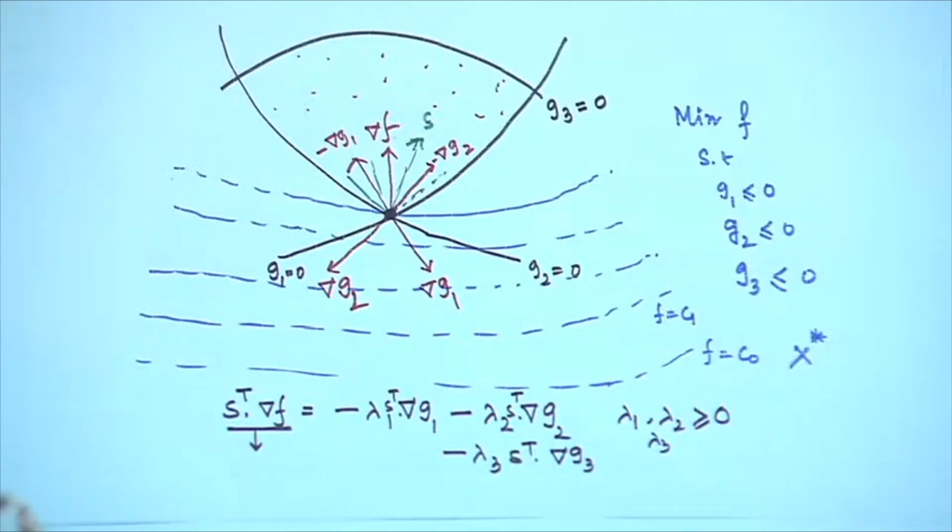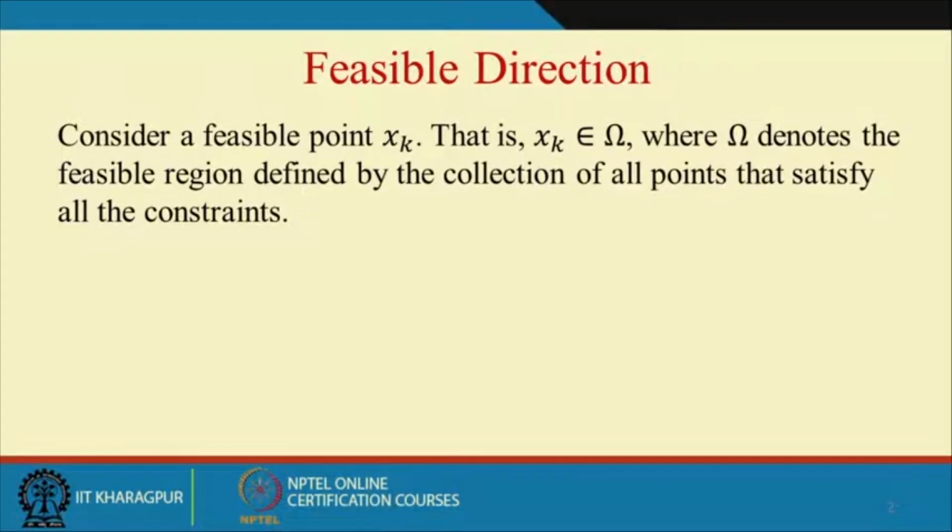Now, we can say that xk is a point within the feasible space. Here I showed you the feasible space: if we consider the feasible region as rho, then the collection of all points satisfying the constraints can be named the feasible space.